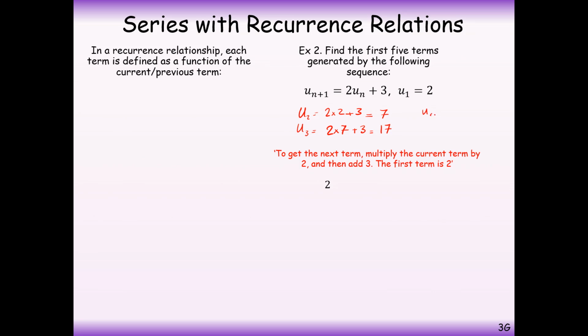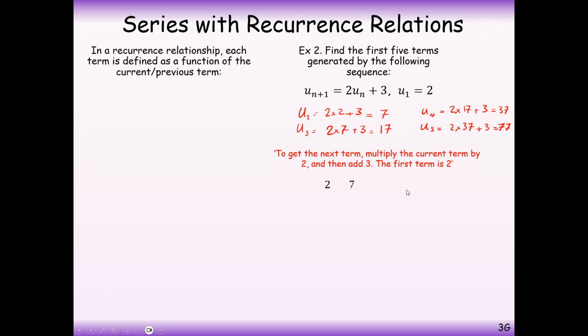The fourth term would be 2 times 17 plus 3. So that's 34 plus 3, that makes 37. And the fifth term would be 2 times 37 plus 3. So that would be 74 plus 3, which is 77.